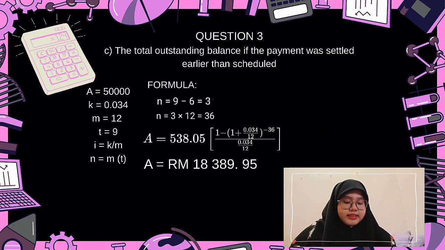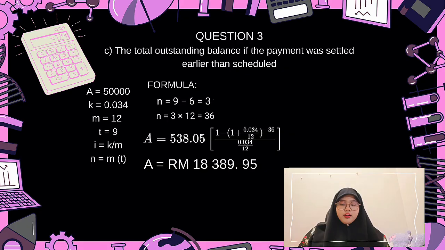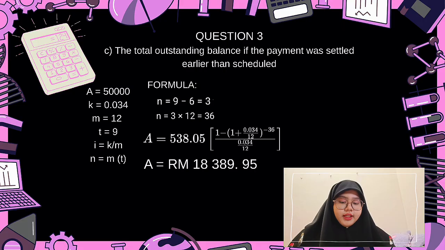Question C, the total outstanding balance if the payment was settled earlier than scheduled. Like we can see in the slide, we use the formula A is equal to R in bracket 1 minus (1 plus i) to the negative power of n, division i. It is because of question 1A, R we already got in the first question.